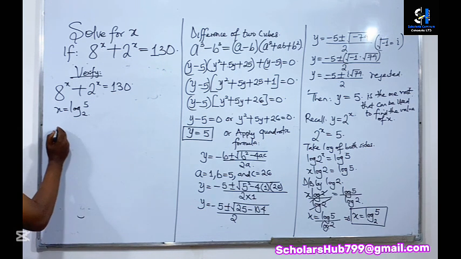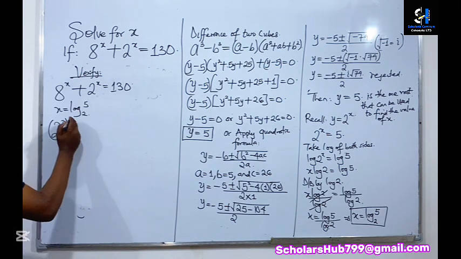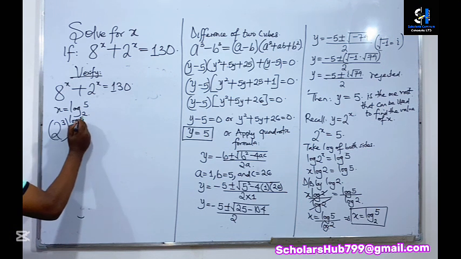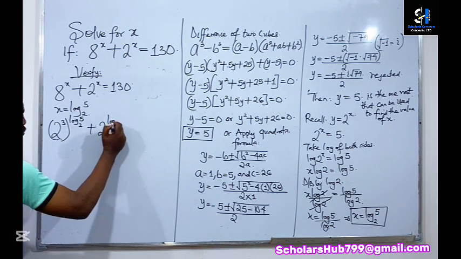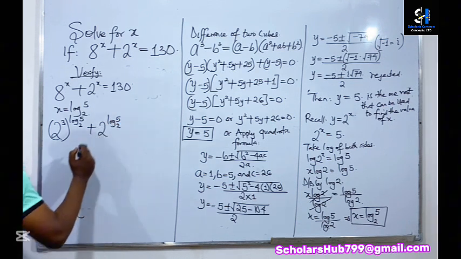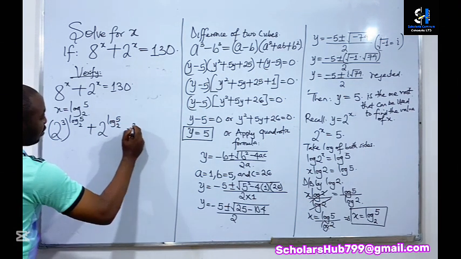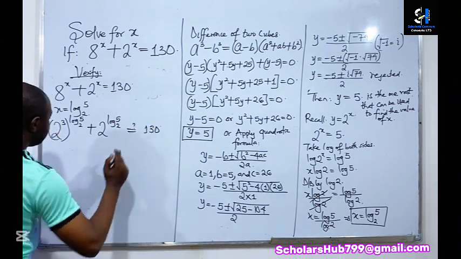We know that 8 can be written in base 2 as 2 raised to the power of 3. Then x is log 5 to base 2, then plus 2 raised to the power of log 5 to base 2. Now will it be equal to 130?